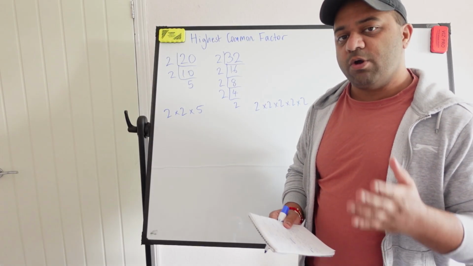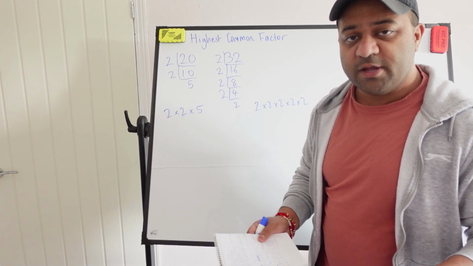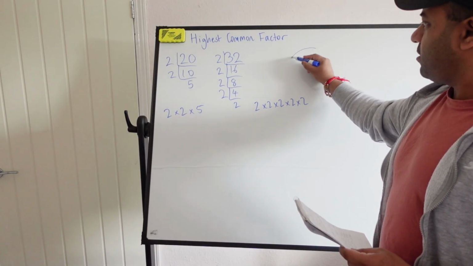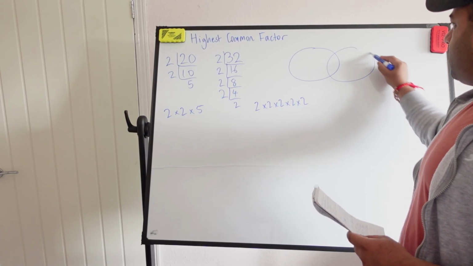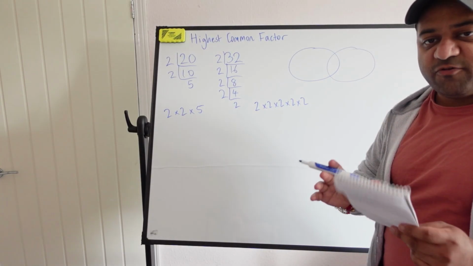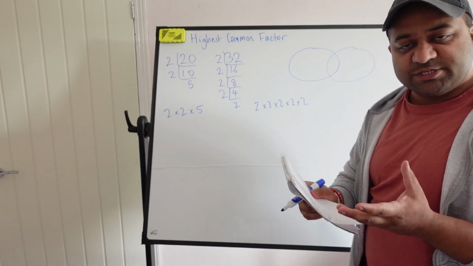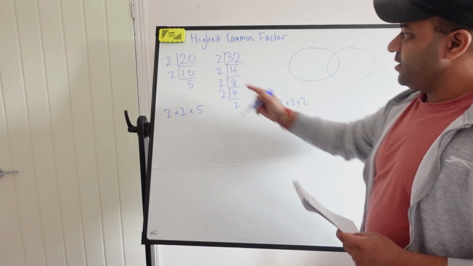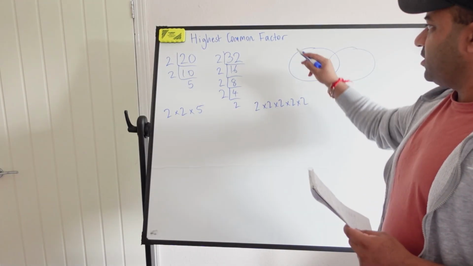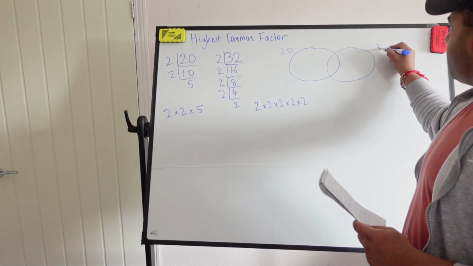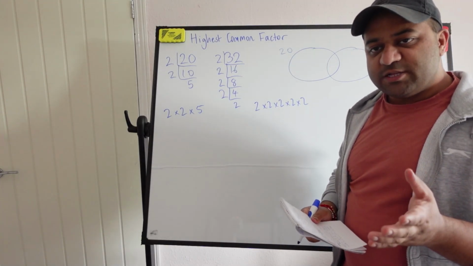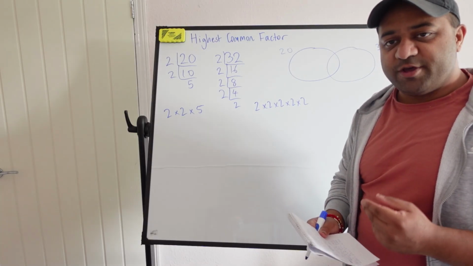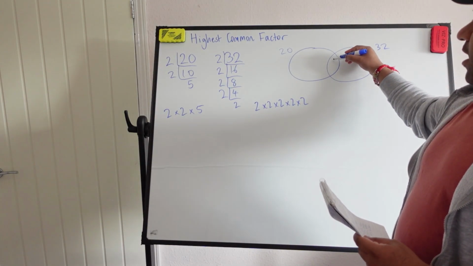And that is, we're going to be using something called a Venn diagram to list the factors of both of these numbers. So a Venn diagram involves two circles containing the factors, in this case, of the two starting numbers we were given. So what do I mean by that? So I'm going to write down a factor of 20 and 32 in the overlap here.